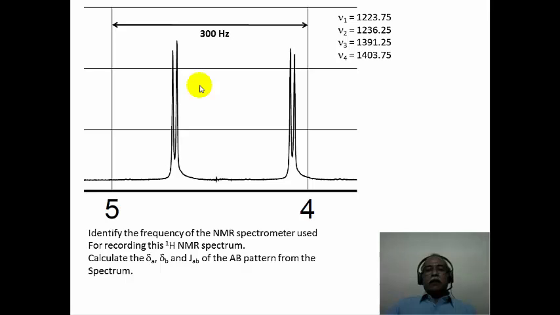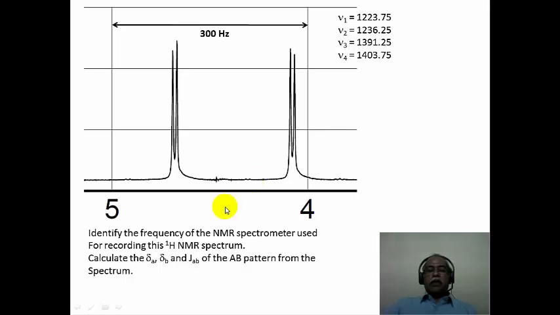So how do we do that? This gap, which is 1 ppm, from 4 ppm to 5 ppm, corresponds to 300 Hertz in terms of the spectral width. So if the spectral width of 1 ppm corresponds to 300 Hertz, what would be the spectrometer frequency? Please recall the definition of chemical shift. Chemical shift expressed in delta ppm corresponds to the change in the chemical shift expressed in Hertz divided by the spectrometer frequency.